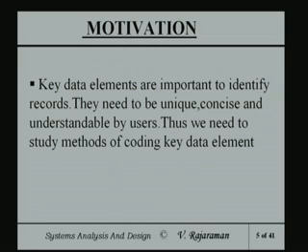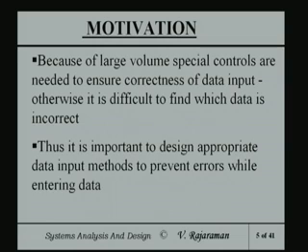Now, you try to prevent it, but sometimes in spite of all your best efforts, some errors would enter. In this case, if the error entered, you have to be able to track where it occurred, and you have to be able to change it. So, tracking is as important as detecting.